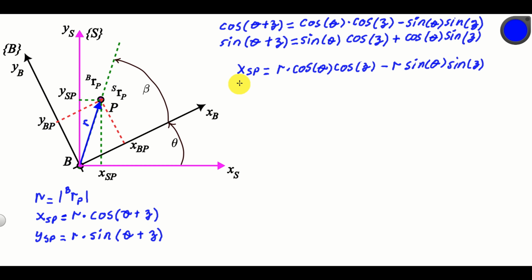Then we have that YSP is R multiplying this term over here plus R multiplying this term over here.